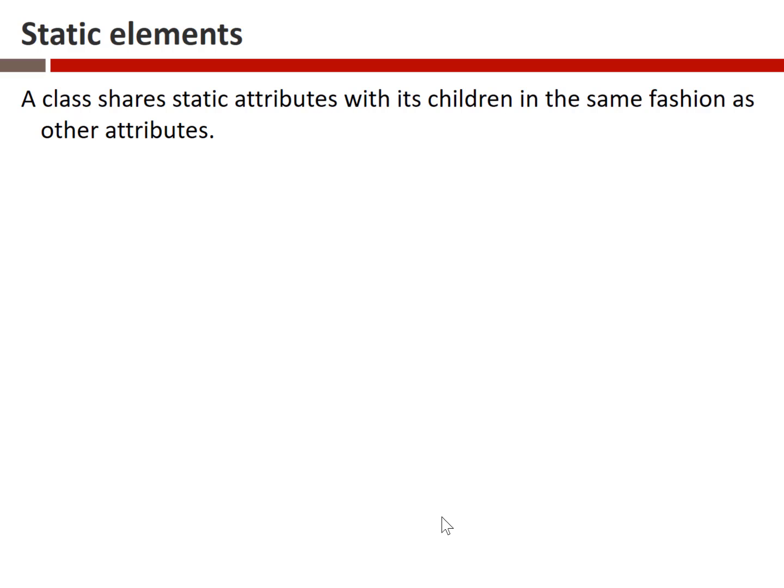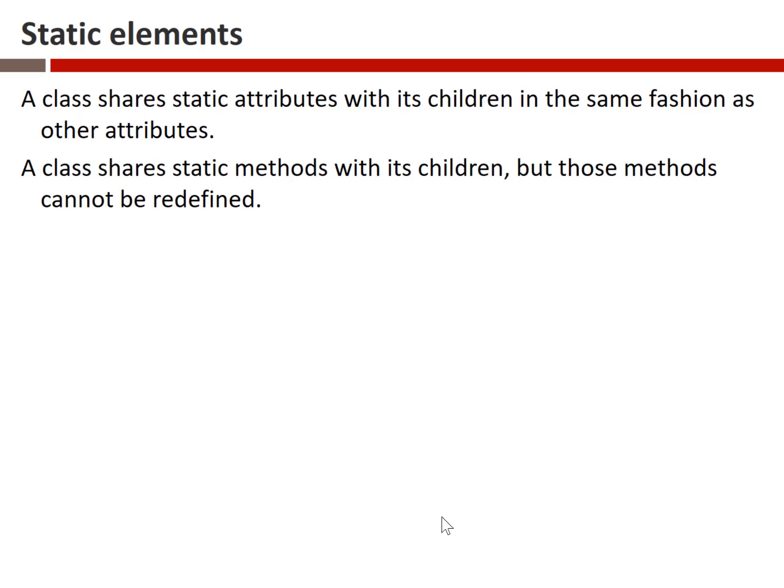A class shares static attributes with its children in the same fashion as other attributes. A class shares static methods with its children, but once a static method has been defined, you're stuck with it. You cannot redefine a static method. Just one of those rules of thumb.